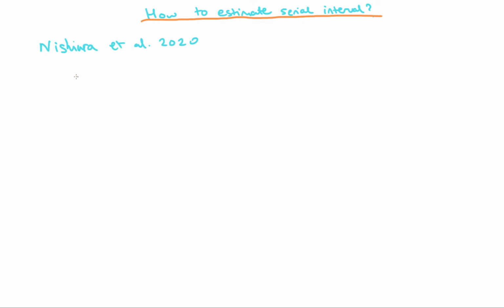So unsurprisingly, to be able to estimate the serial interval, what we need is a bunch of pairs of individuals where we think that individual A infected individual B. We also need the time when symptoms occurred in individual A and in individual B. This might be, for example, the 17th of January 2020 for individual 1, and then the 20th of January 2020 for the individual whom they infected.